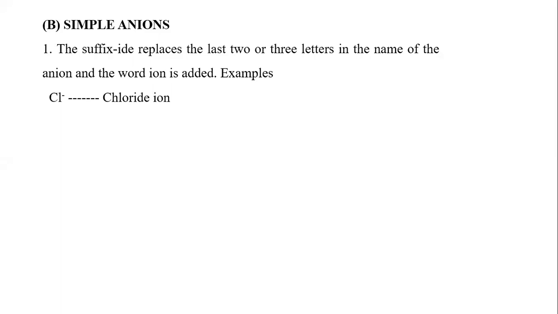Then you leave a space and you add the word ion. If you don't add the word ion, you are wrong. You just say chloride? No, it's an ion. Chloride ion. In fact, some people also say chlorine ion. That's also wrong. Even though it makes sense, that's not the IUPAC name.